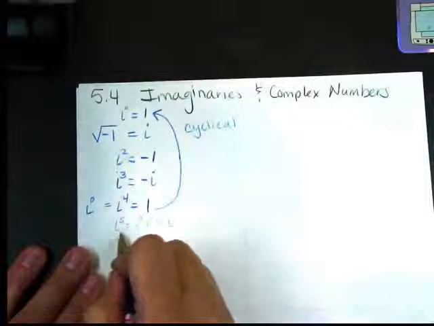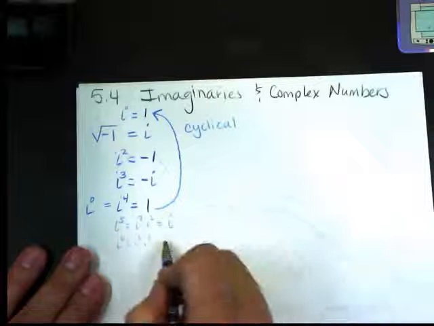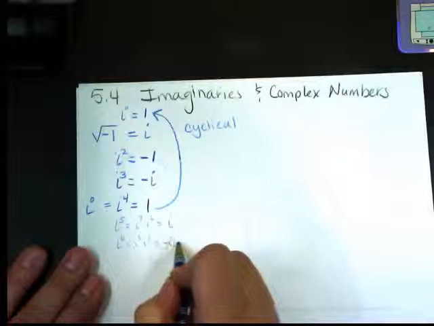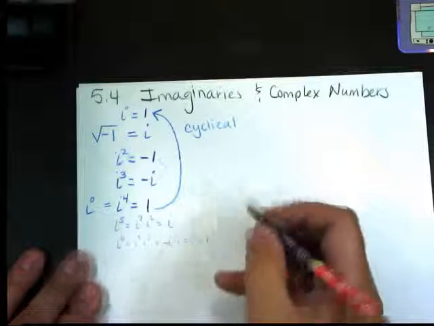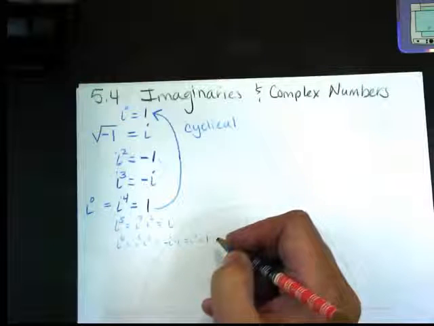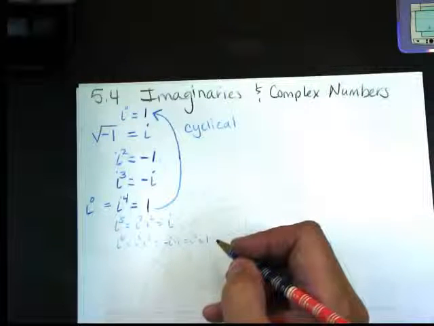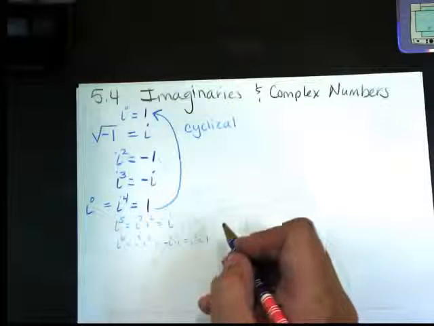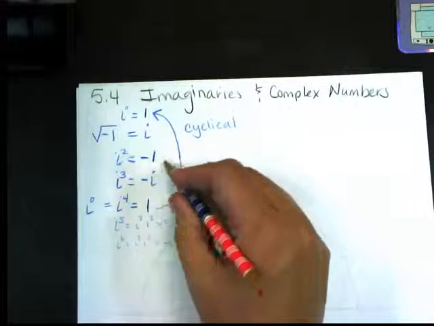If I did i^6, well, that's i^3 and i^3. So -i and -i is i squared, which is -1, which is there.